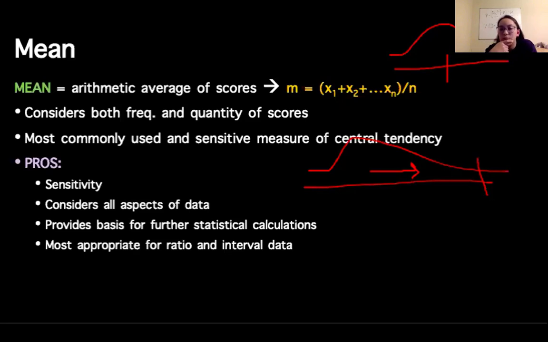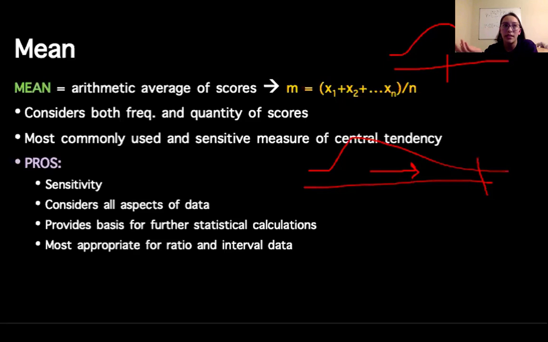Generally, we don't use the mean for nominal or ordinal data, just because of the types of data that they are and how numbers are represented, right? Because ordinal data, remember, we don't have a discrimination between adjacent scores within the ranking.